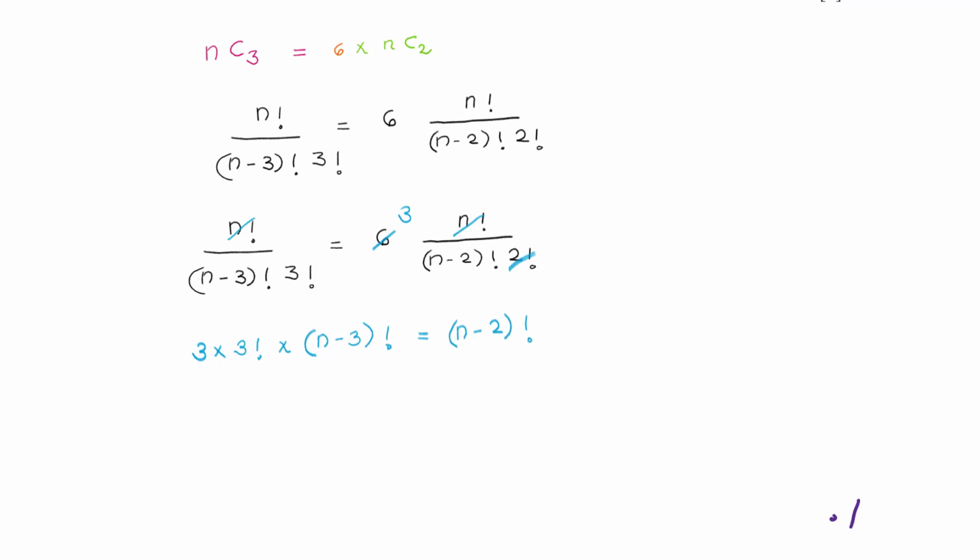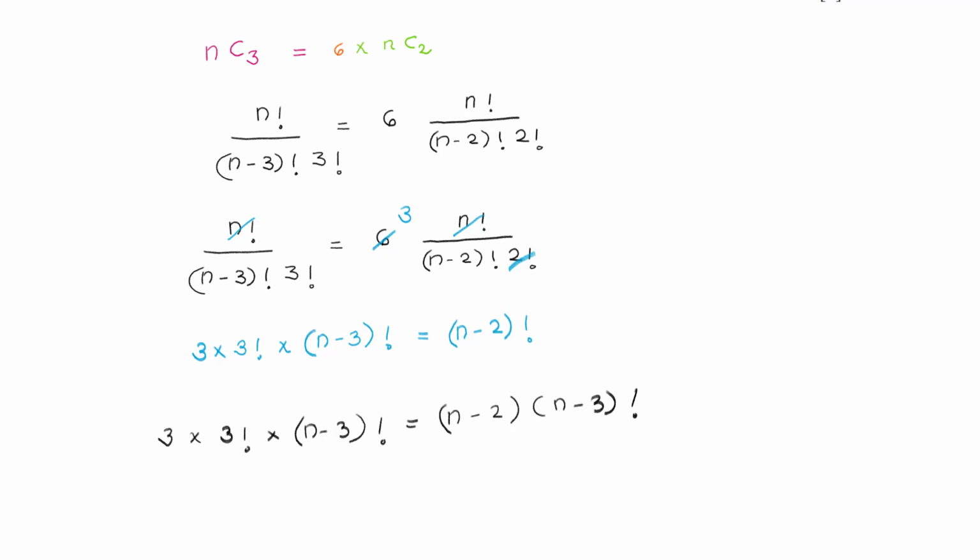In this, we could further simplify. 4 factorial is 4, 3, 2, 1, all of them multiplied together. It is the same as 4 times 3 factorial. Using that idea, let us further simplify this. Instead of (n minus 2) factorial, we could rewrite it as (n minus 2) multiplied by (n minus 3) factorial, as we have seen earlier.